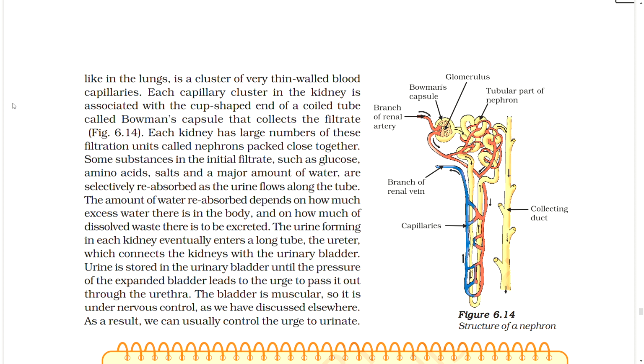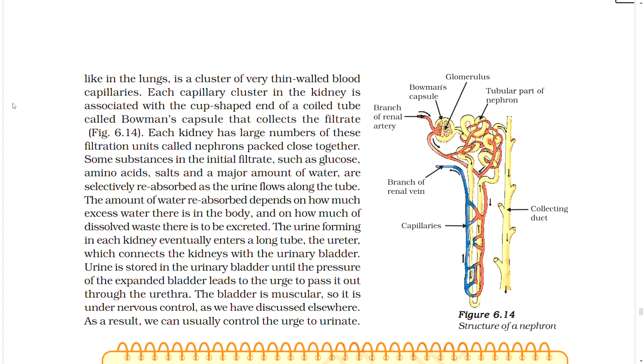The urine forming in each kidney eventually enters a long tube, the ureter, which connects the kidney with the urinary bladder. Urine is stored in the urinary bladder until the pressure of the expanded bladder leads to the urge to push it out through the urethra.